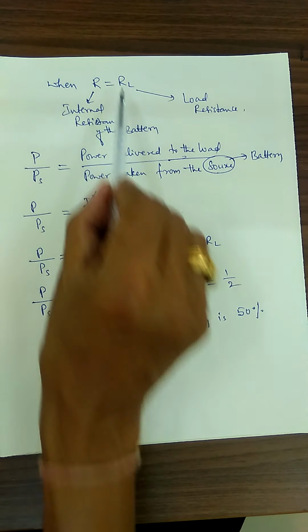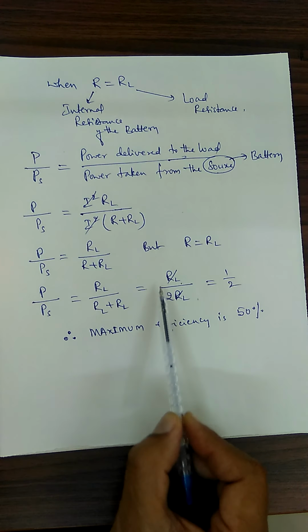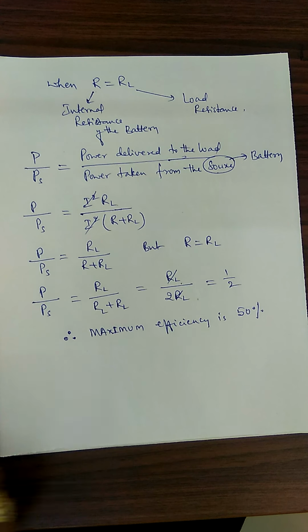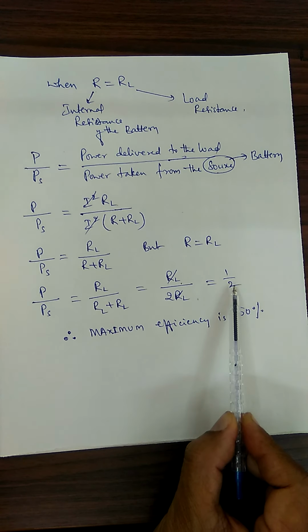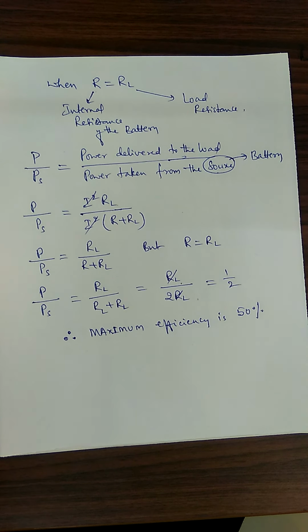But we know that R is equal to RL. Substitute that. RL gets cancelled, you are going to have half. Therefore, P by PS is equal to 50%. That is 50% efficiency that we are having. That is the meaning. This carries 5 marks. Or maybe on some occasions we are asking for 6 marks also. Get ready for your examination using all these concepts.